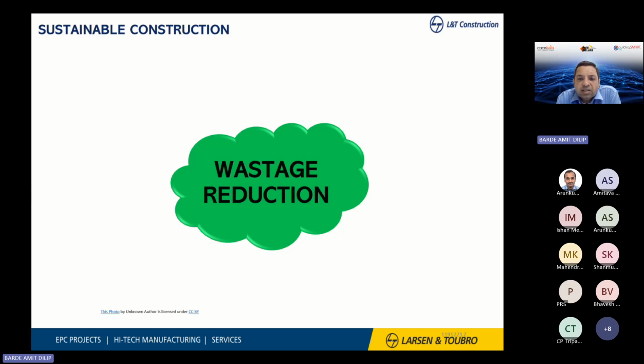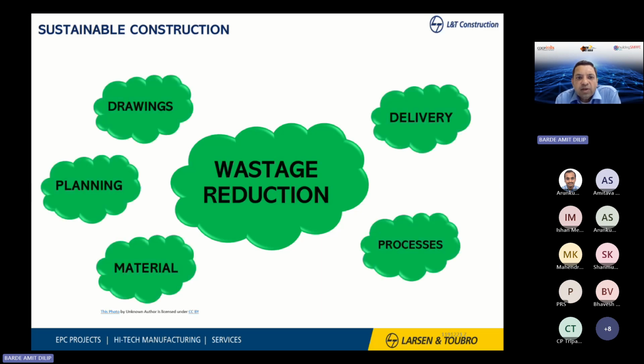And these technologies, digitalization or precast technologies, one of the biggest quick low-hanging fruits is wastage reduction in terms of not just material, but your drawing delivery, the digital tools, your planning, your material, your processes, everything. Even if, as a growing and developing nation aspiring for Viksit Bharat 2047, we use these, that itself is a big help.